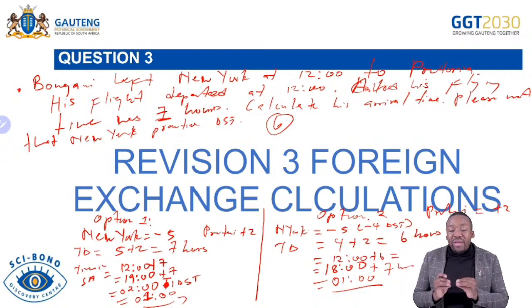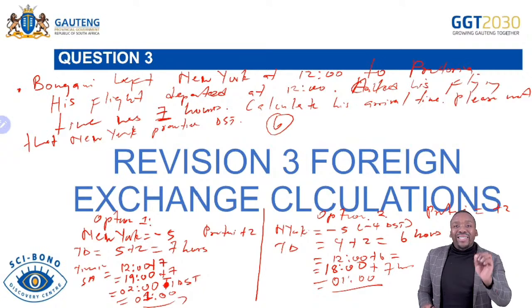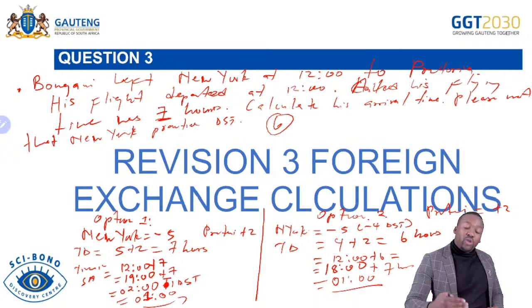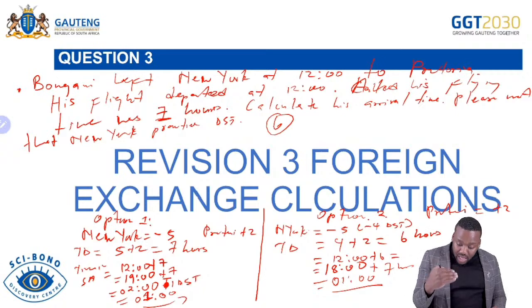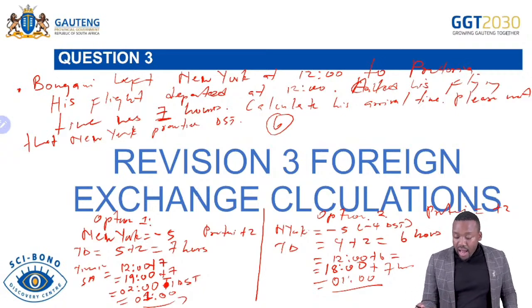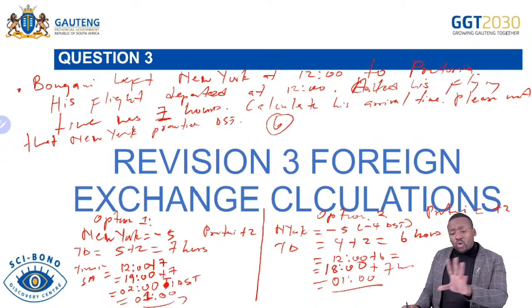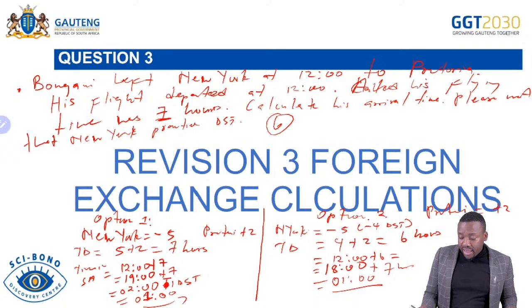So you need to be very specific here. Remember, you only calculate your DST once. If you did it on top, do not do it at the end where you are getting your answer. If you did not do it where you started, make sure that you do it there at the bottom. So those are some of the calculations that we have.